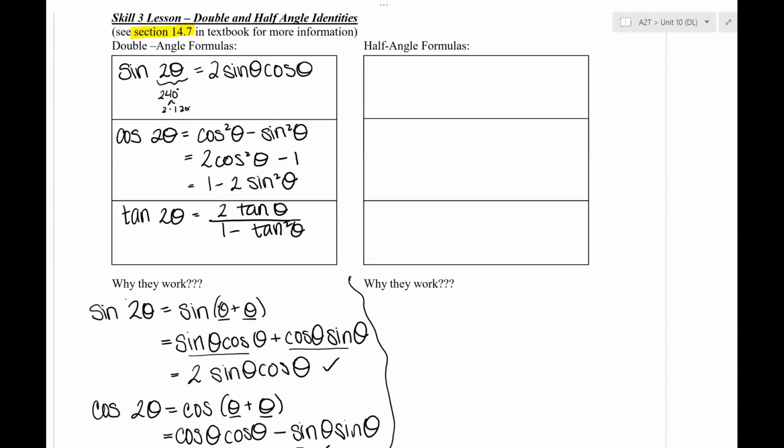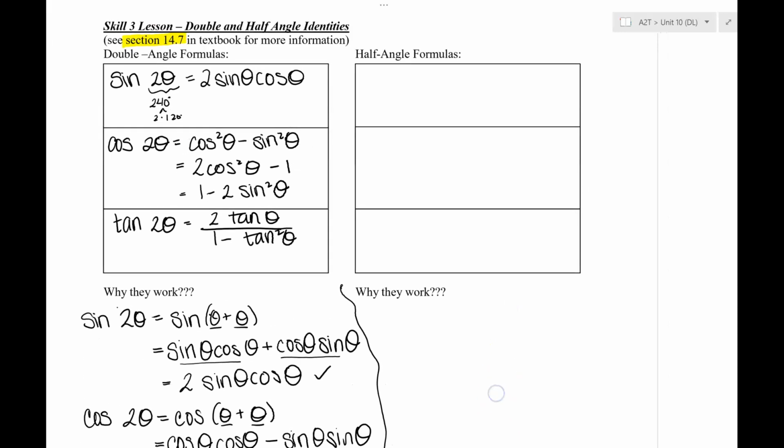So that's where they come from. It's from the sum formulas, because if I have a theta plus theta, I have 2 thetas. What if I am doing my half angle formulas? What do those look like? A half angle is just that. It is an angle divided by 2. It's half of an angle. That is alpha. Alpha, beta, theta, x, we use those for the angle measurements.